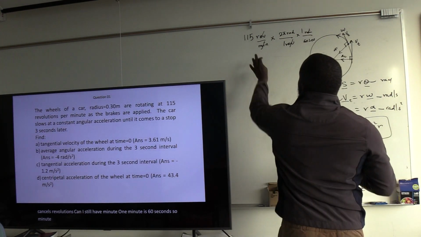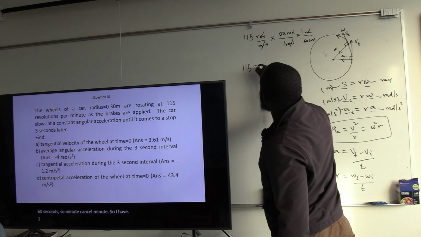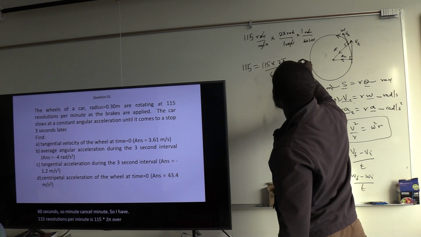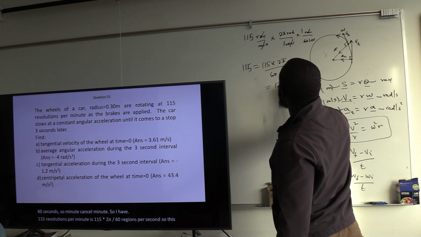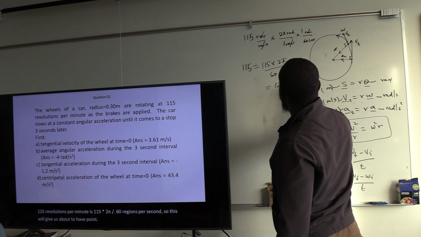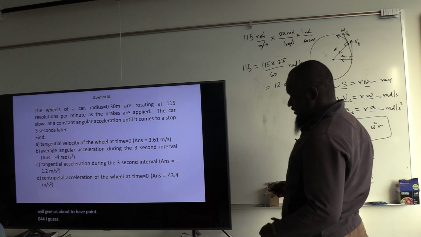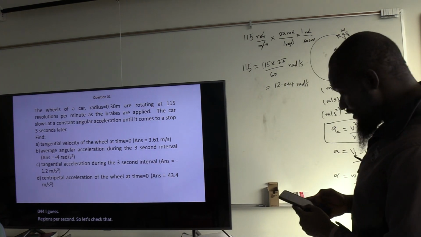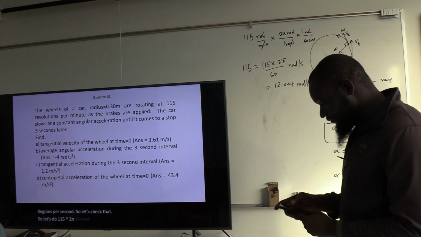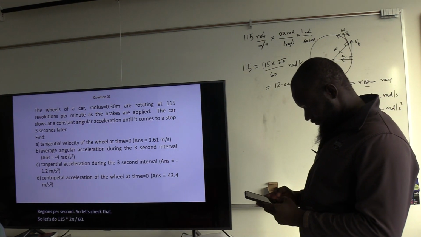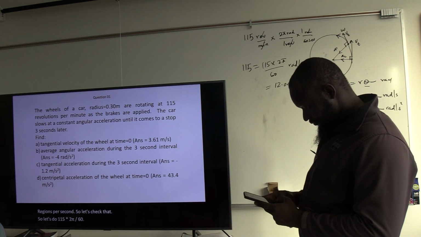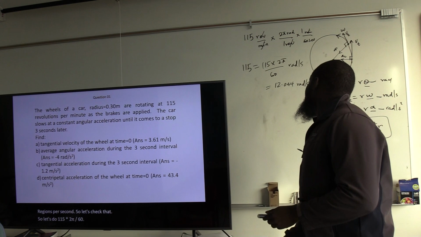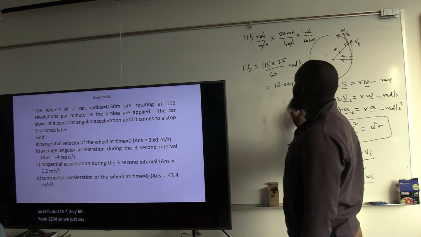So 115 revolutions per minute is 115 times 2 pi over 60 radians per second. Let's check that: 115 times 2 pi divided by 60. Yeah, 12.044. So we'll just say 12 radians per second.